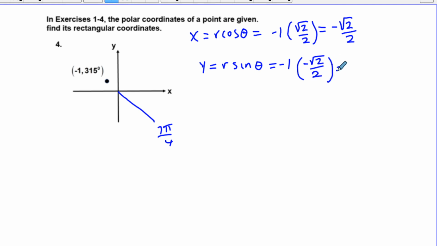We multiply these together, negative and negative will cancel each other, so we get square root of 2 over 2. So for this one, our rectangular coordinate pair is going to be negative square root of 2 over 2.